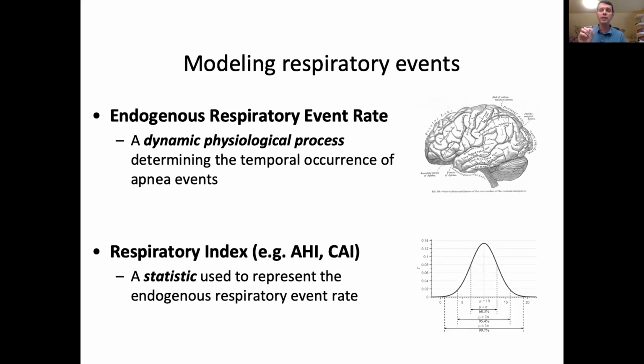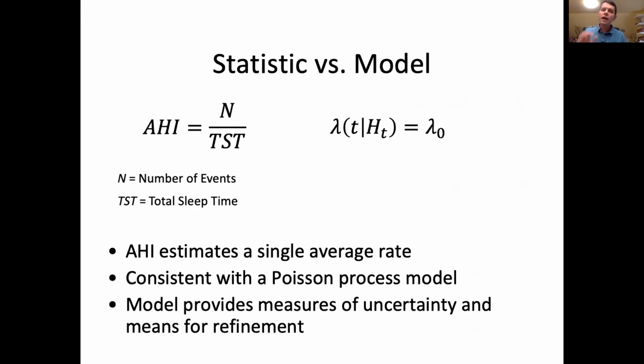And it's important to realize, as we said before, that you have a physiological process. Therefore, anything that you use to describe that physiological process is inherently expressing some kind of model of that process. And the same is true when you look at, say, the AHI.